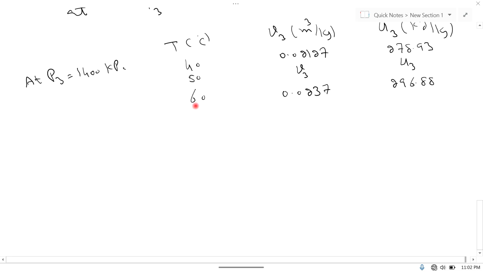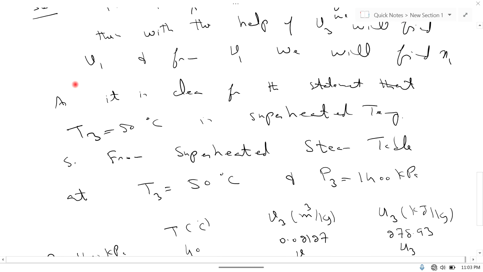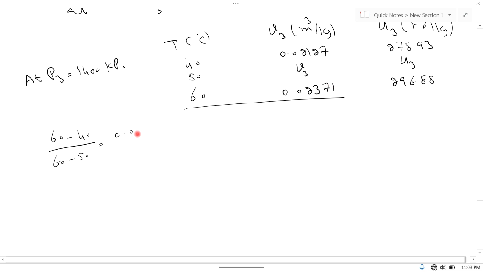So by interpolation, first we are doing interpolation for T and V. So 60 minus 40, third value minus first value, divided by third value minus second value, is equal to 0.02371 minus first value 0.02127, divided by third value minus second value.